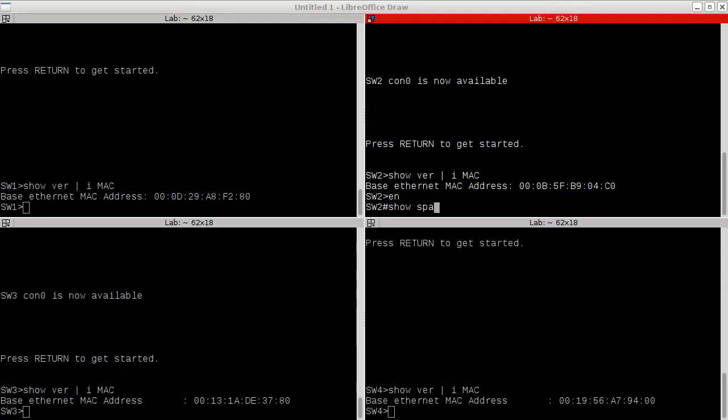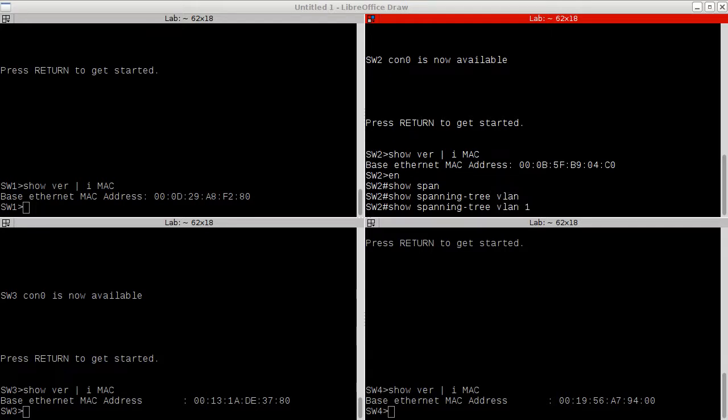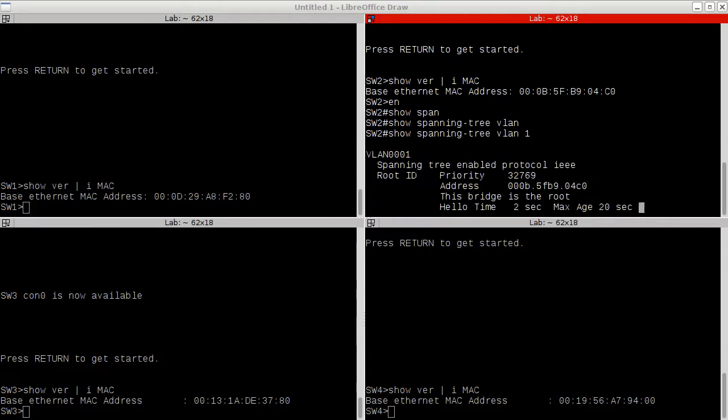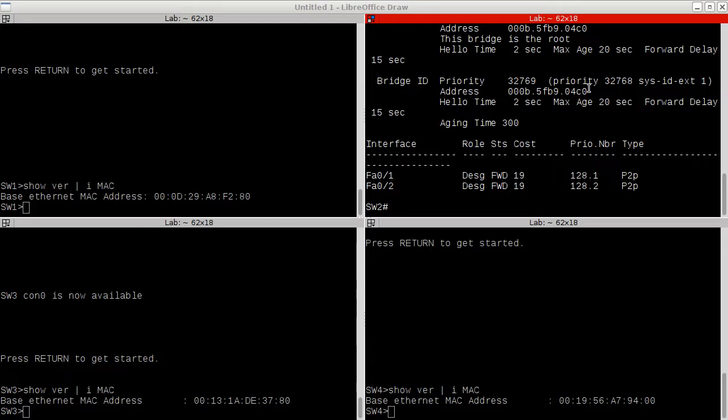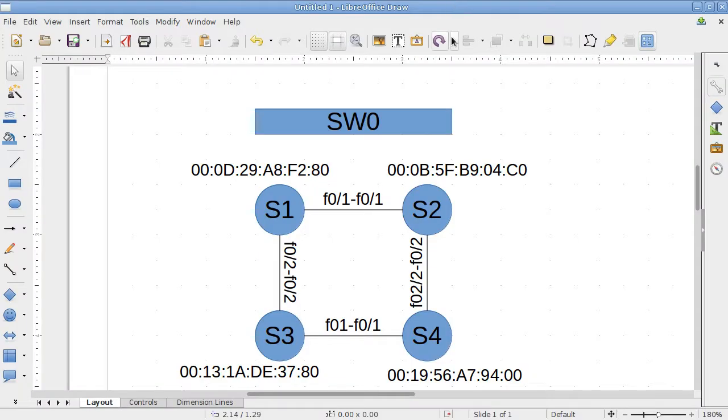So spanning tree. Now I think by default it uses per VLAN spanning tree, so each one has its own instance. So let's see here. The root ID is this one here, 04C0. Is that what we said? Yeah, 04C0.